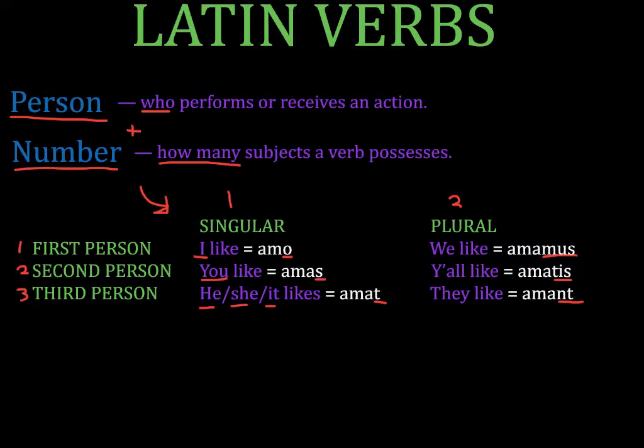Now, you may be wondering why the first person variant has the vowel O appended to the end, whereas the second and third persons do not. And why the respective options have a different ending consonant. We have an S and a T at the end of the second person singular and third person singular forms.